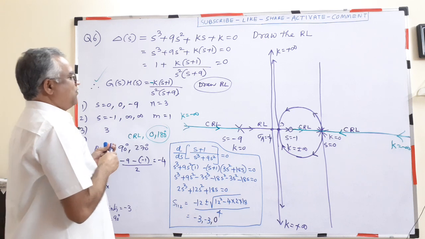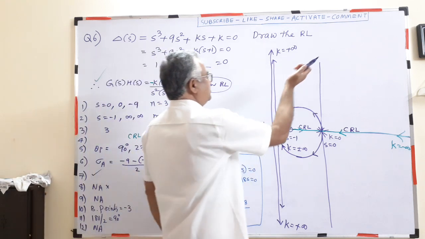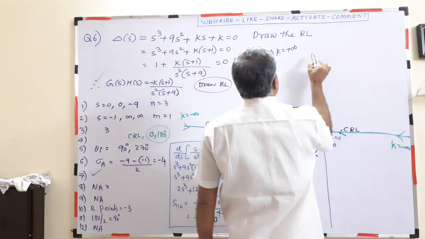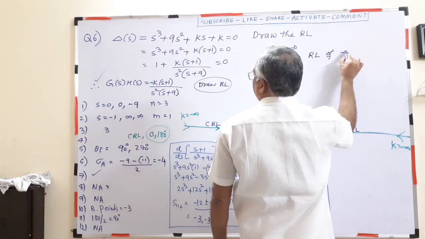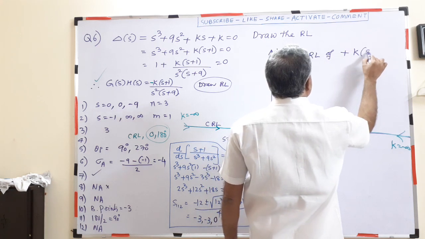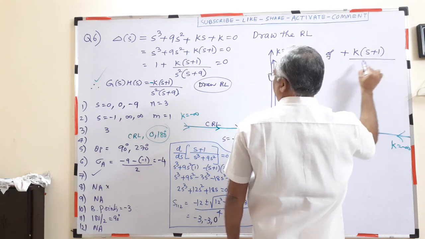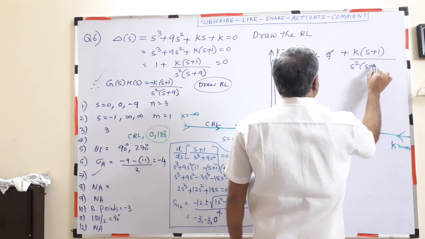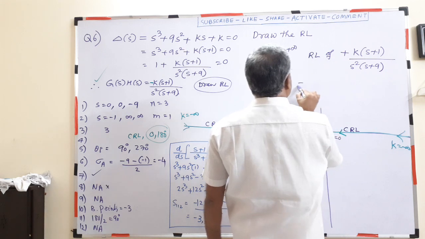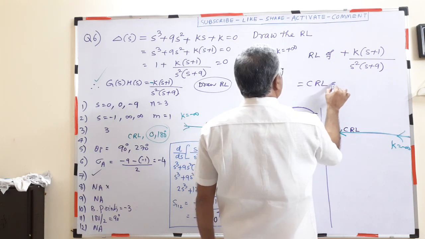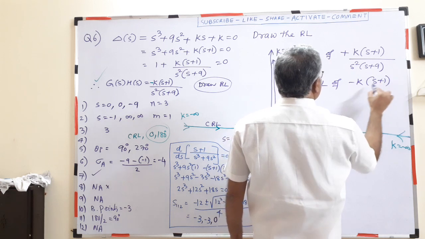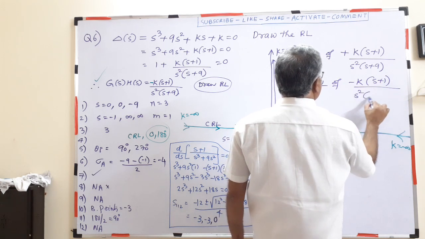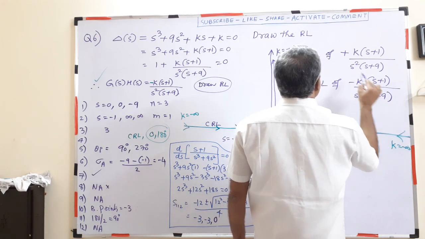So I will give you another statement. Root locus of k into s plus 1 by s square s plus 9 is equal to CRL of minus k s plus 1 by s square s plus 9.